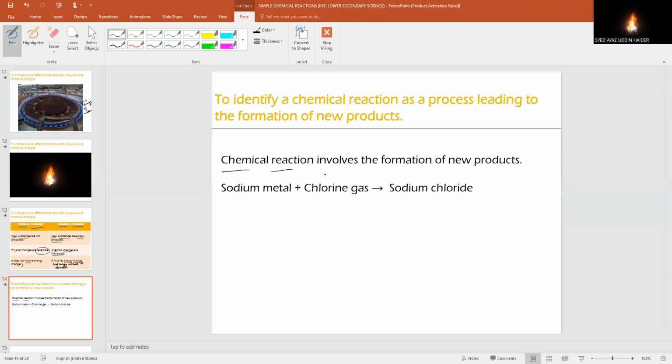A chemical reaction involves the formation of new products. So whenever a chemical reaction takes place, I've already discussed, you will get a new product. For example, if you react sodium metal with chlorine gas, we'll get a new substance, which is sodium chloride here. Sodium chloride is also common salt.